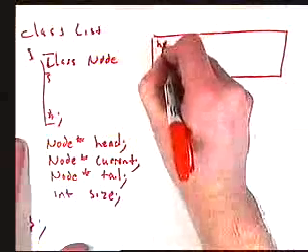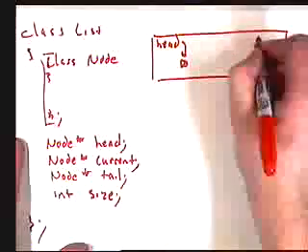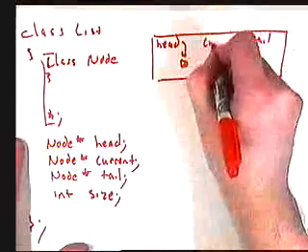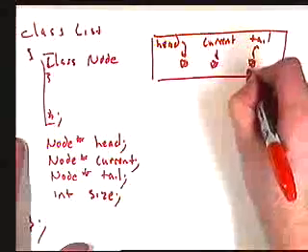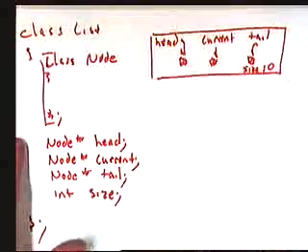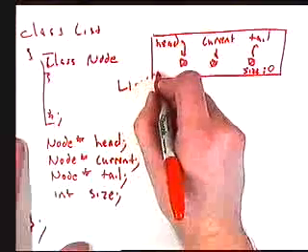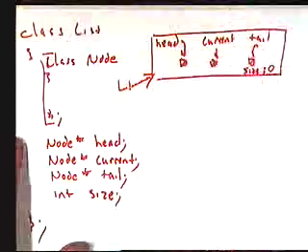Therefore, our list can be thought of as a situation like this, where I have a head pointer, and the empty list would make it null. The empty list would have a tail equal to null, would have a current equal to null, and then perhaps your size field is here, and that's equal to 0. And then when I insert my first element, so this is your L1, and whether L1 is the name of the list or whether it's a pointer to the list, the idea would be here, this is our list object.